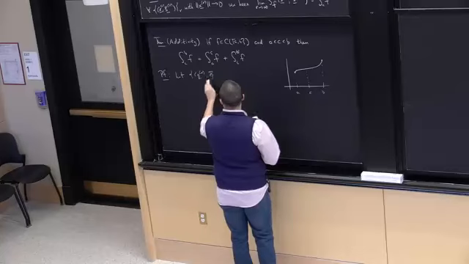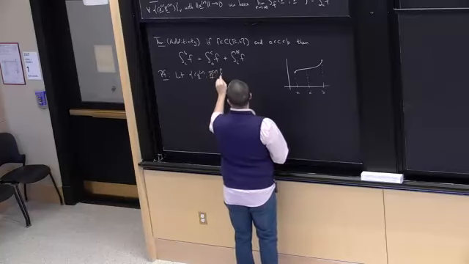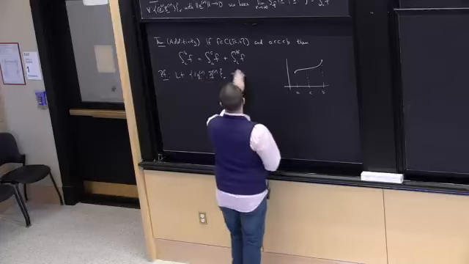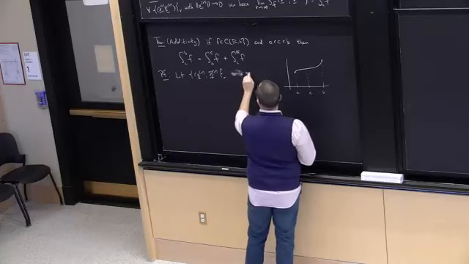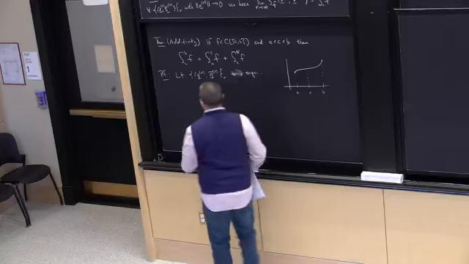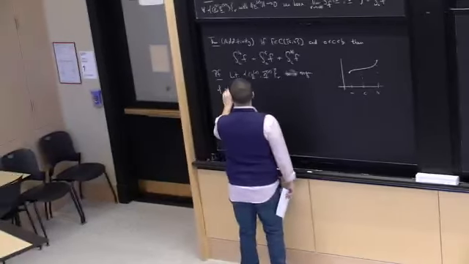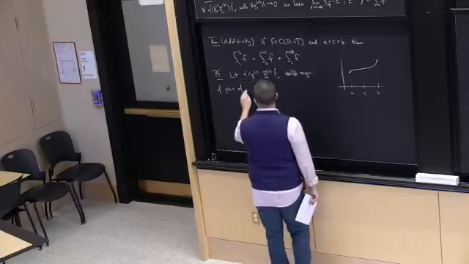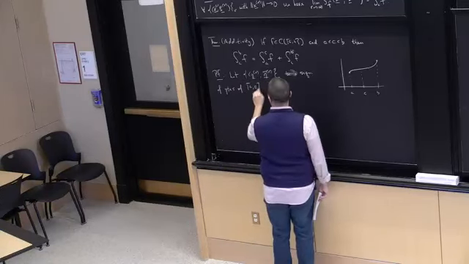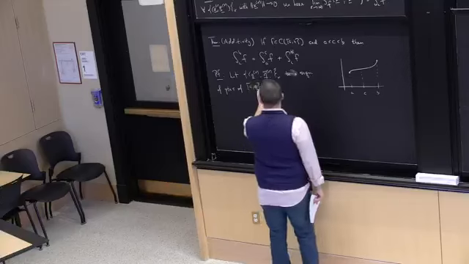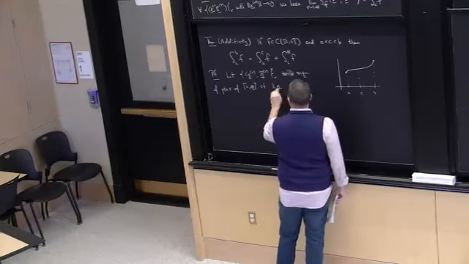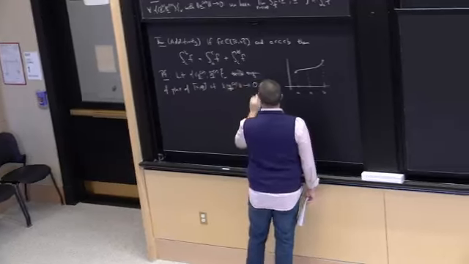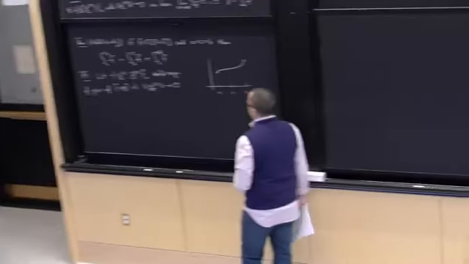Let's take two sequences of partitions, so a sequence of tag partitions, I should say, of AC, such that the norm of this partition goes to 0.